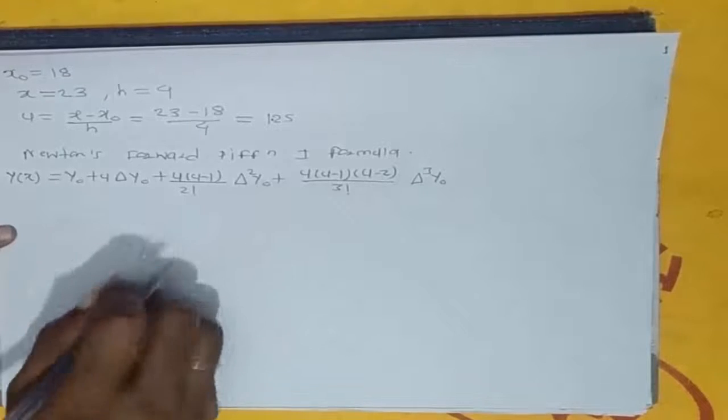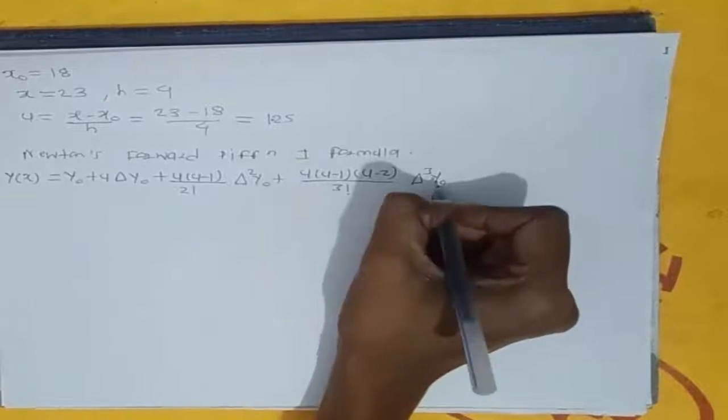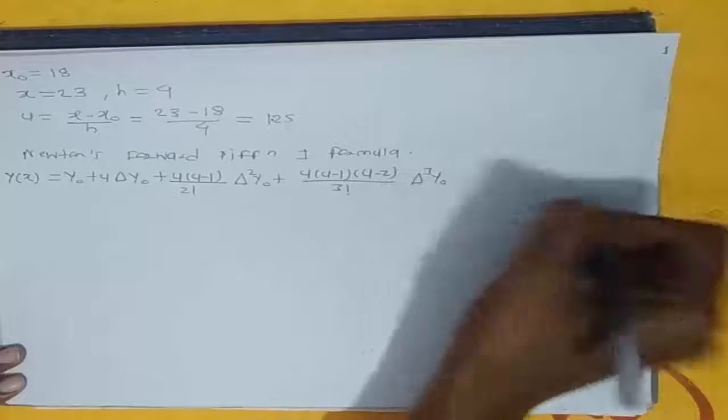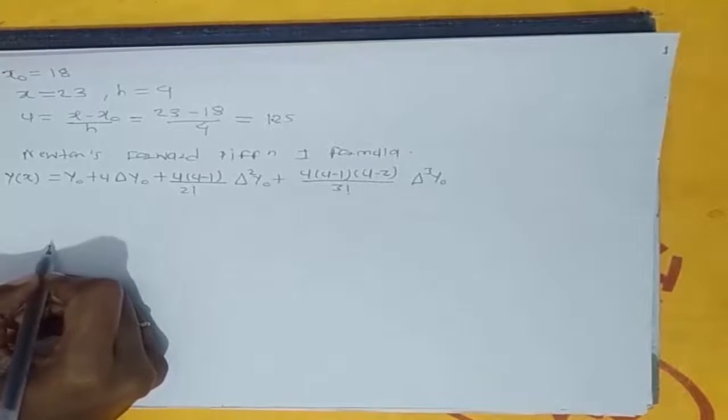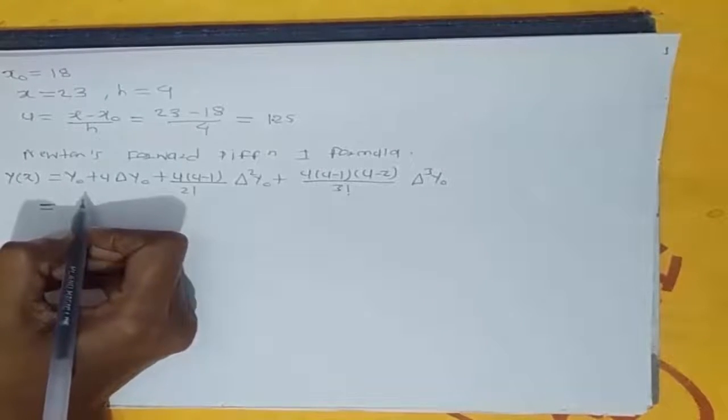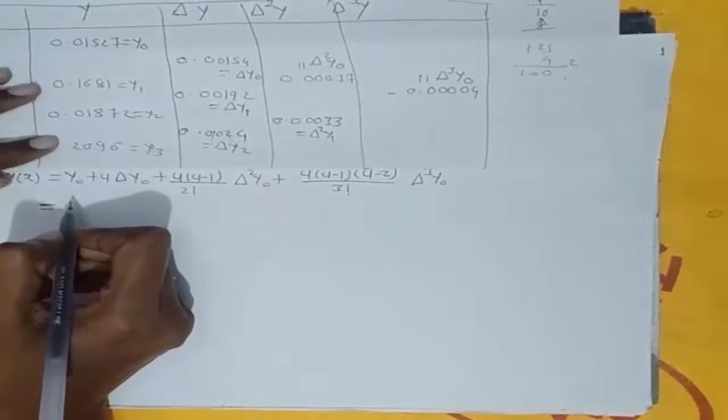Here we consider up to the third order forward difference in this formula, because all other differences will be 0.